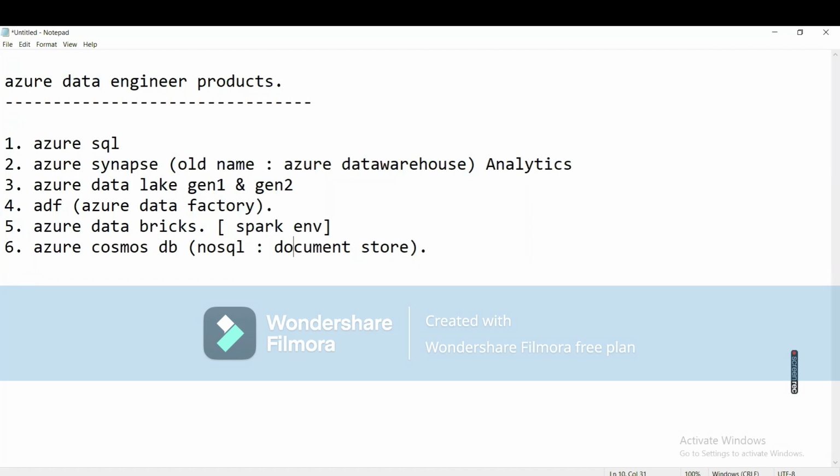MongoDB is an on-premise database. Similar to MongoDB, Amazon has launched another document database, DynamoDB. Similar to DynamoDB, in Azure, that is Azure Cosmos DB.